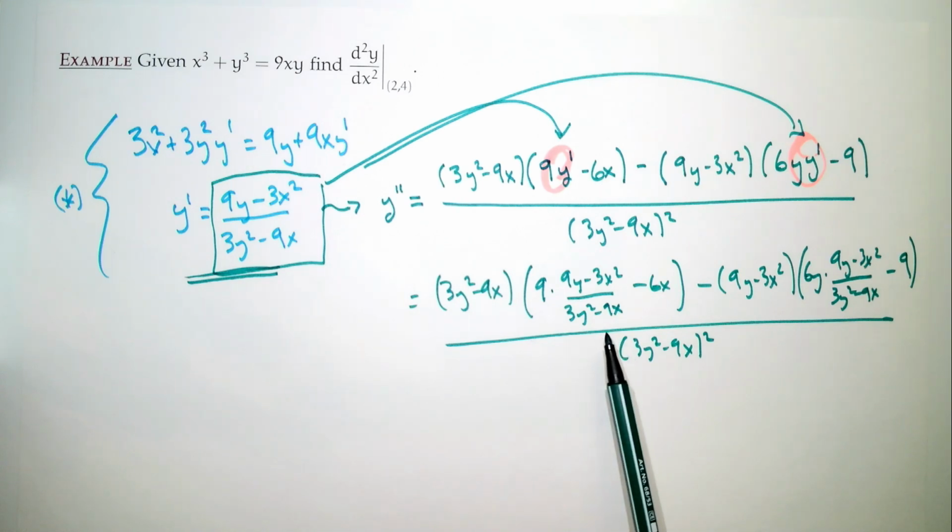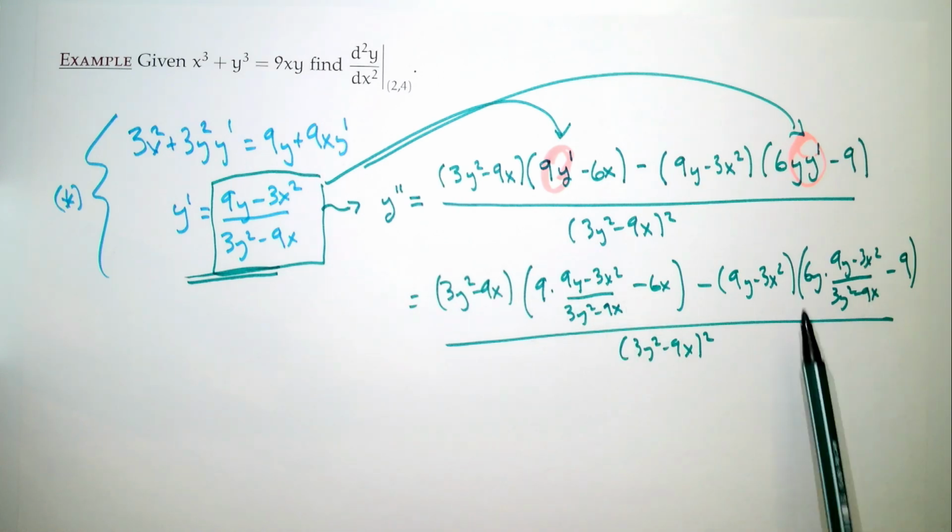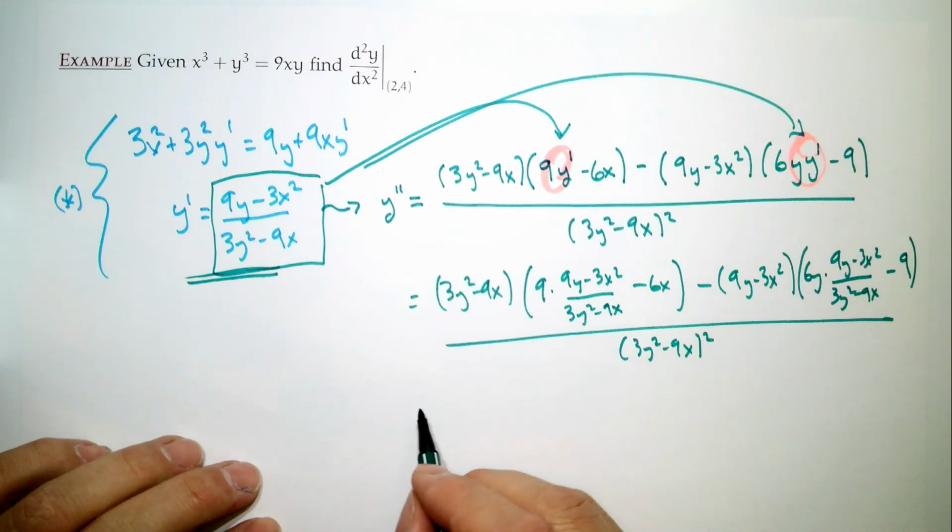Well, the fractional part upstairs is that 3y squared minus 9x. So let's multiply top and bottom by 3y squared minus 9x.